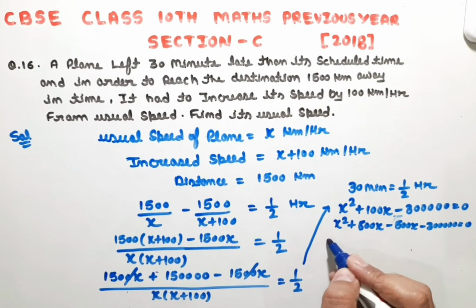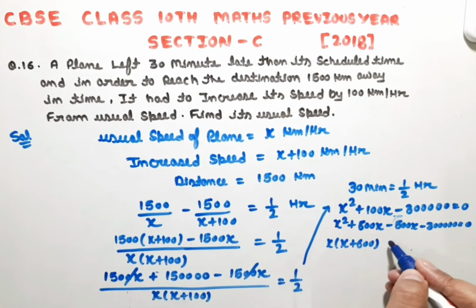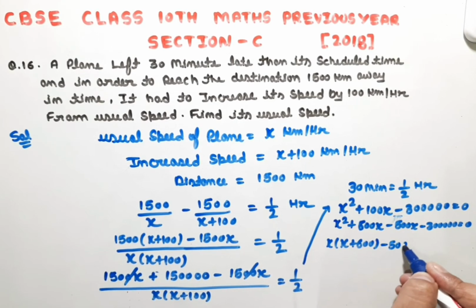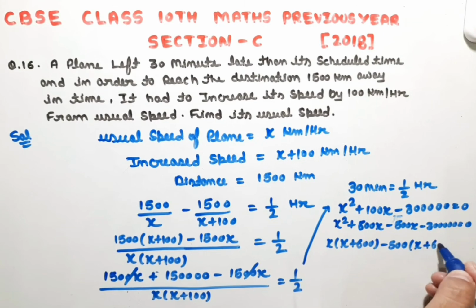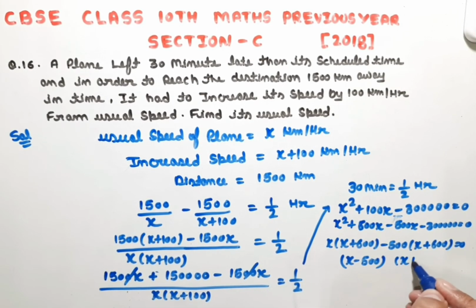From the first two terms, x is common, x plus 600. From the last two terms, 500 is common, x plus 600 equals to 0. So our factors will be x minus 500 and x plus 600.